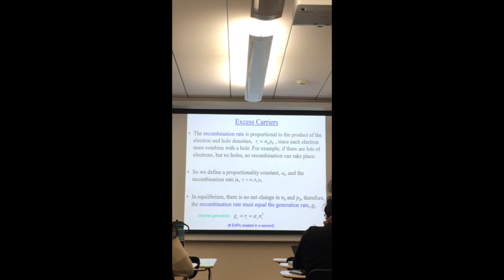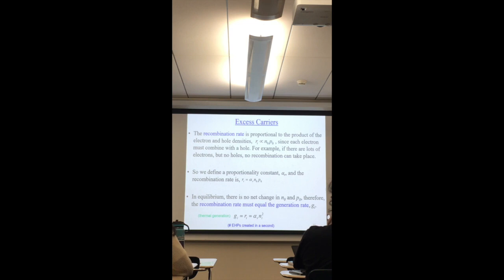For example, if there are lots of electrons but no holes, then no recombination can take place, because an electron must combine with a hole. Then the recombination rate will be 0, in this extreme case.